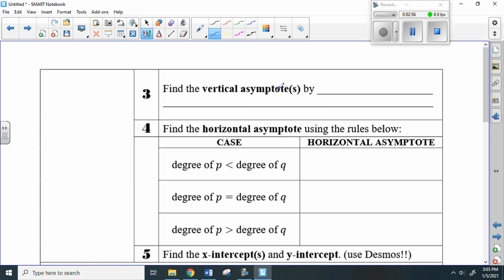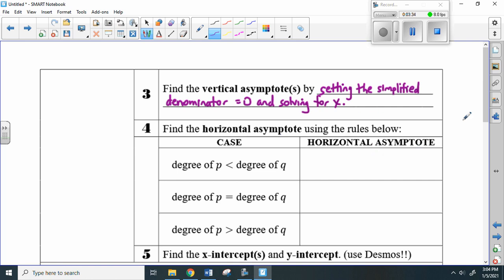To find the vertical asymptote, and it might be more than one, you're going to find it by setting the simplified denominator equal to 0 and solving for x. So there's a little bit of solving involved.